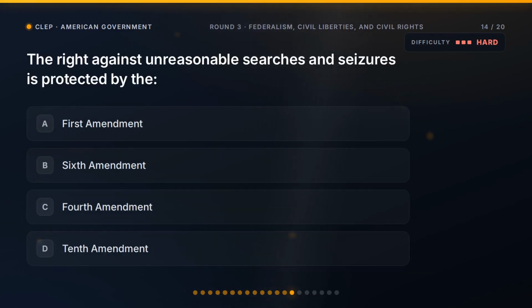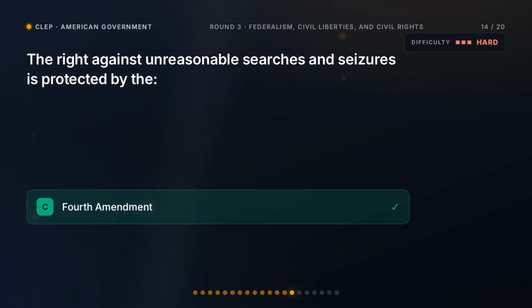Question 14. The right against unreasonable searches and seizures is protected by the A. First Amendment, B. Sixth Amendment, C. Fourth Amendment, D. 10th Amendment. The answer is C. Fourth Amendment.